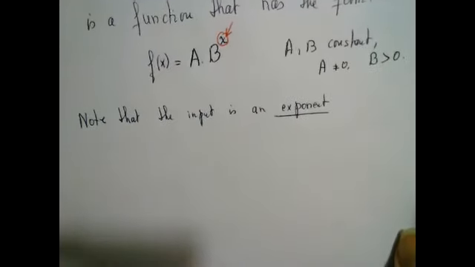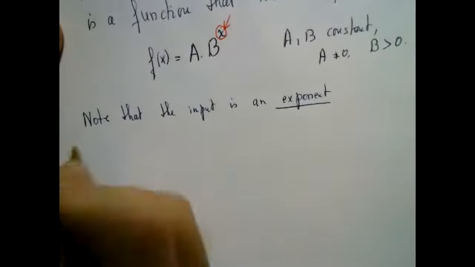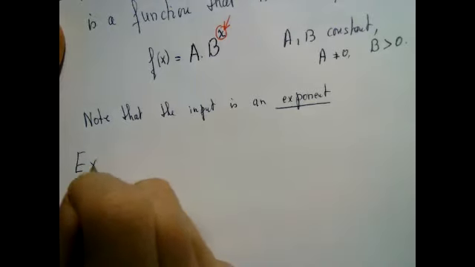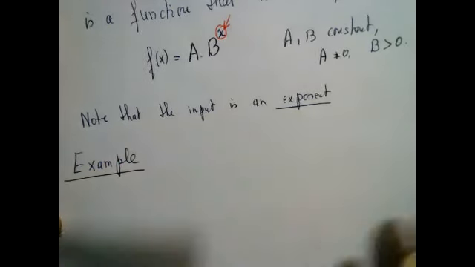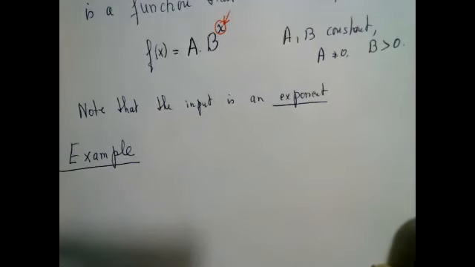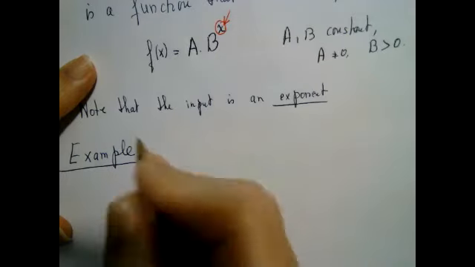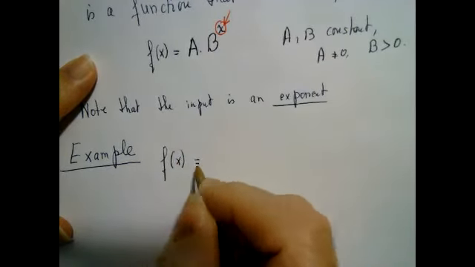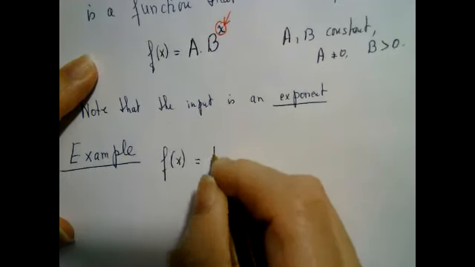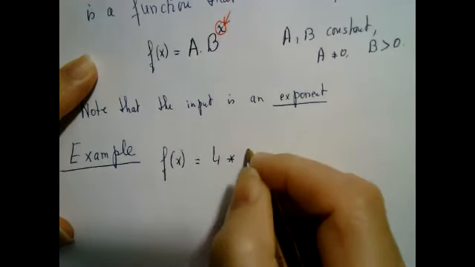So let us practice a little bit to understand the notation. For example, suppose f of x equals 4 times 2 to the x.